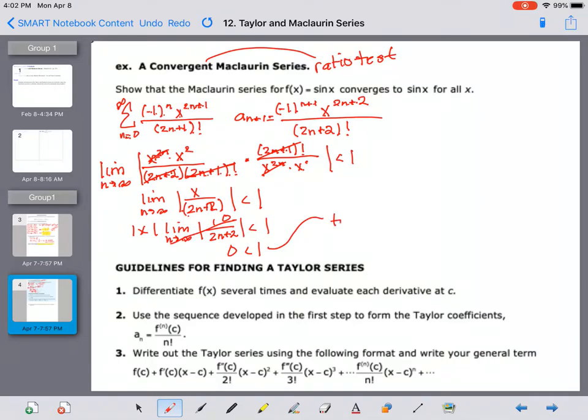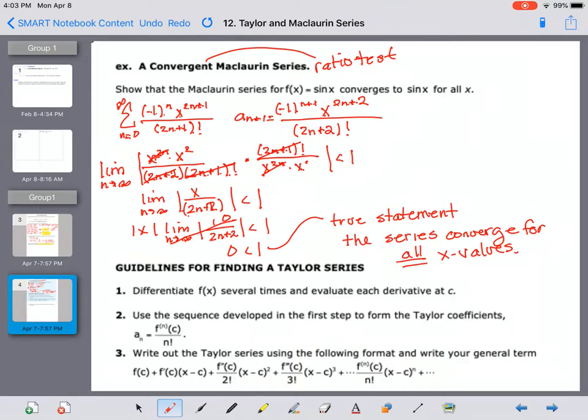When you get a true statement here in this process, because it won't always be true, that means that the series will converge for all x values, which is kind of nice because that means everywhere on our sine function, no matter what our x value is, this series is going to be the exact series, which means we can get a good approximation for any value of x that we want by using our polynomial series.